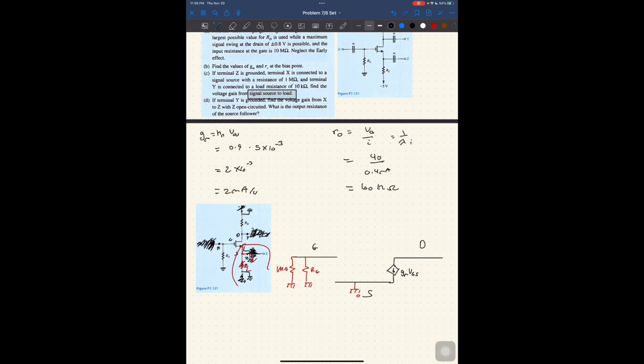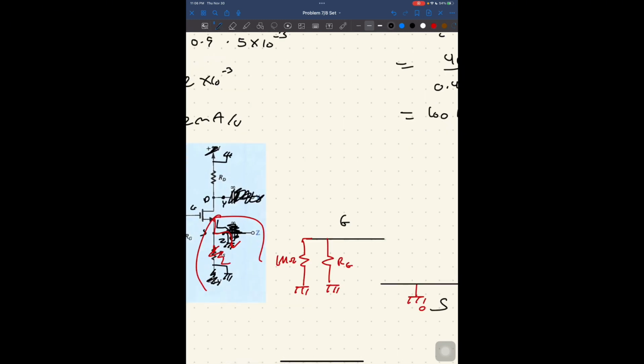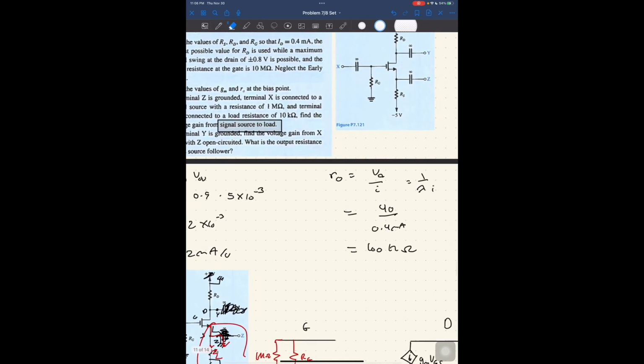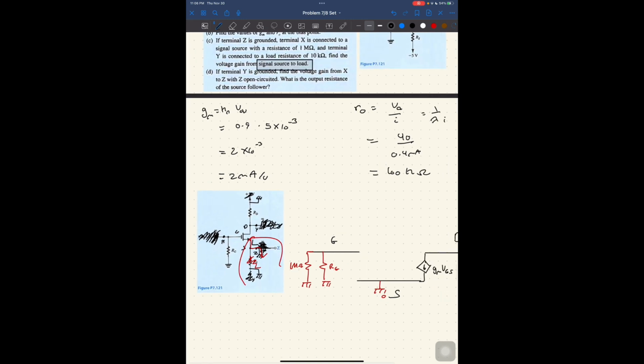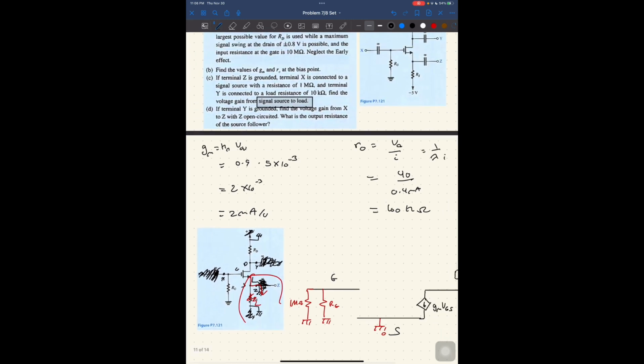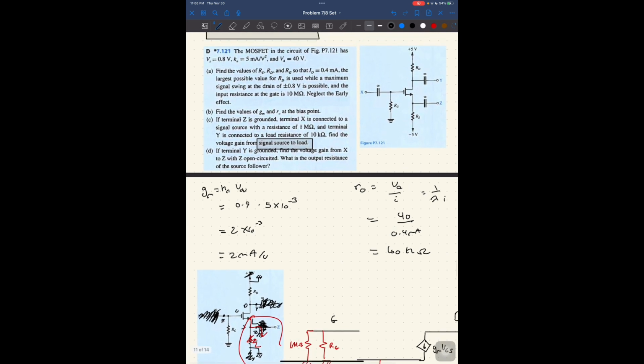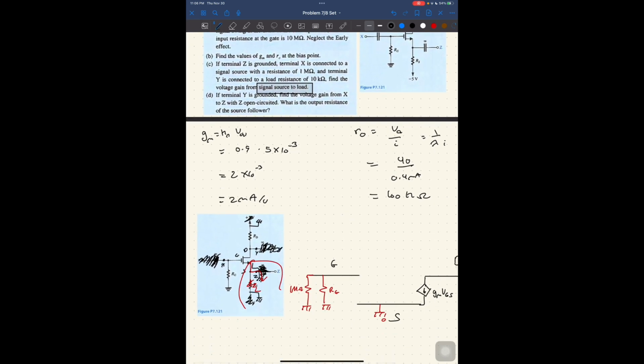Honestly, when we see this, it's kind of telling us to ignore it. This is like an open circuit, because with a 1 mega ohm resistor, no current is going to flow through it. It's 1 million ohms, right? Who's going to do that? So it's like an open circuit, but I don't know why they made us do this. Let's just continue.